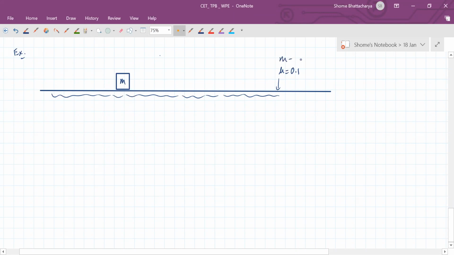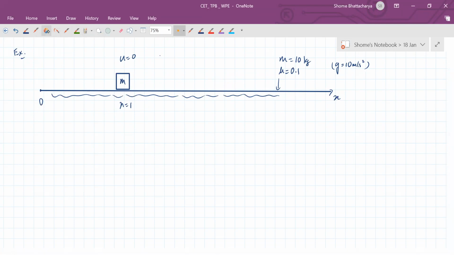Mass of the block is given to us as 10 kgs. G as 10 meters per second square. Okay. Now the block is at the x coordinate x equal to 1 initially at rest. Okay. This is my origin, this is my x-axis.